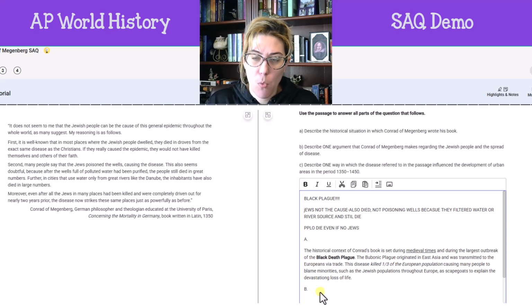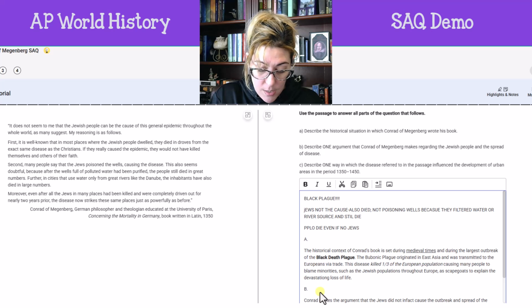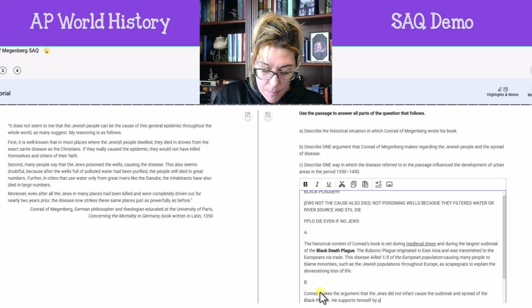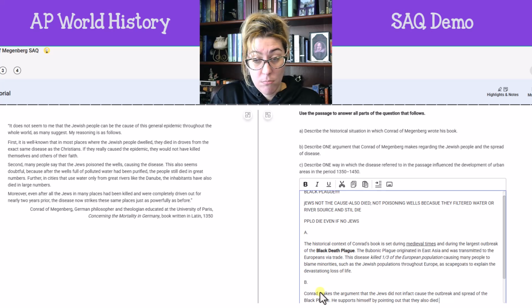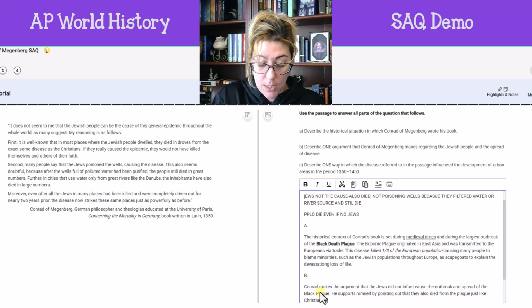Okay, B, describe one argument he makes regarding the Jewish people and the spread of the disease. Conrad makes the argument that the Jews did not, in fact, cause the outbreak and spread of the Black Plague. He supports himself by pointing out that they also died from the plague, just like Christians did.